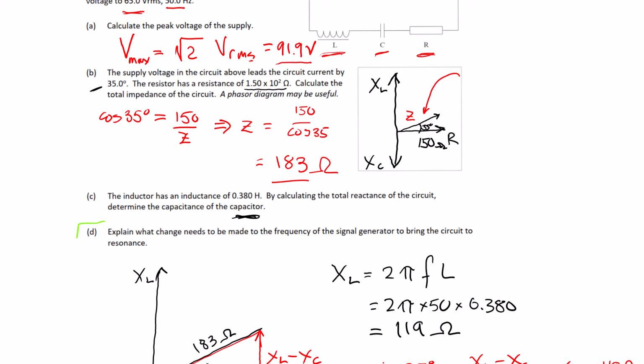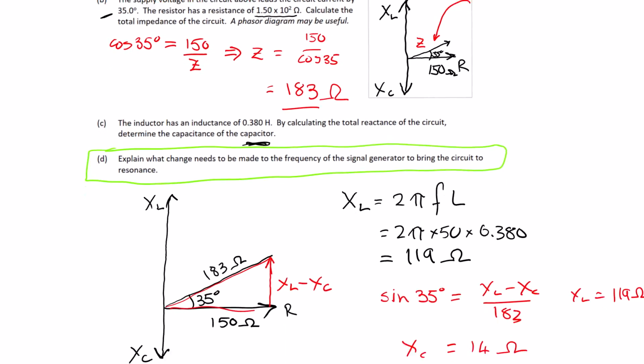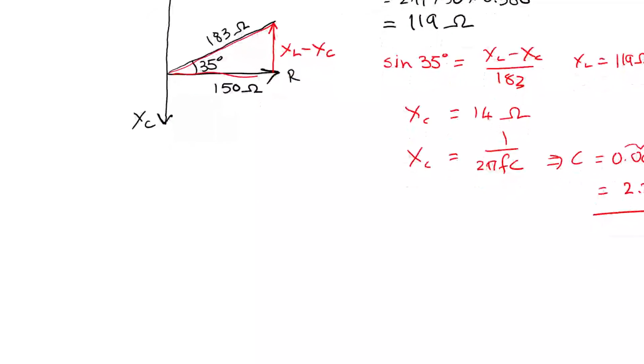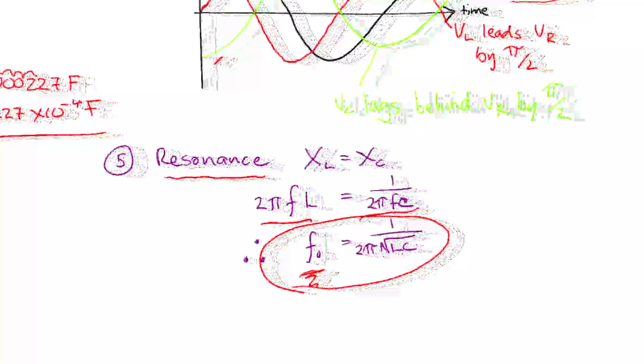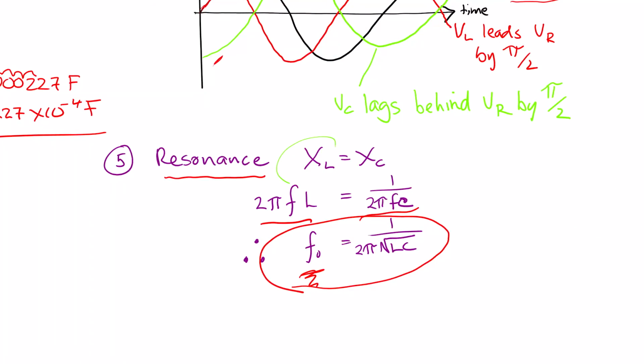Which brings us to question 4. Explain the change that needs to be made to the frequency of the signal generator to bring the circuit to resonance. Okay, let's come back to this then. For resonance, we need the inductive reactance to equal the capacitive reactance, in which case 2 pi FL needs to equal 1 over 2 pi FC.